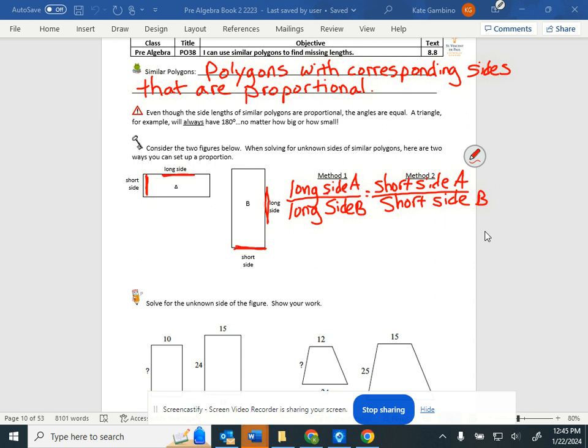So we have long side, short side, A and B. So they're opposite when you look diagonally. Here we have long side over long side, short side over short side.